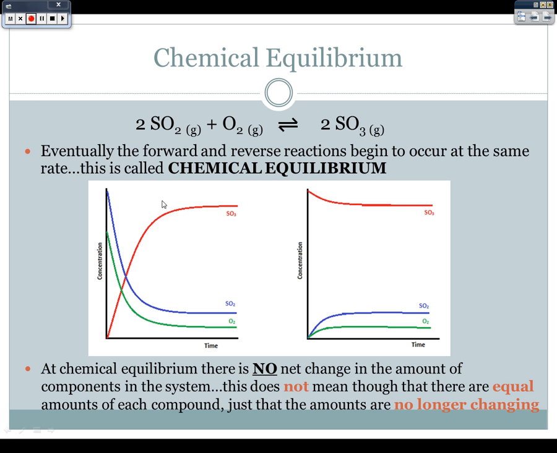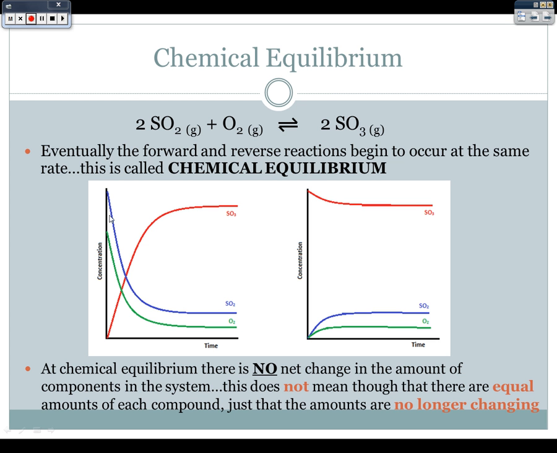So if you look here, you can see that initially I started producing a lot of SO3, okay? This is my forward reaction, producing a lot of SO3. My reverse reaction would be taking SO3 and converting it back, and so I'm lowering my concentration, but eventually it levels off.